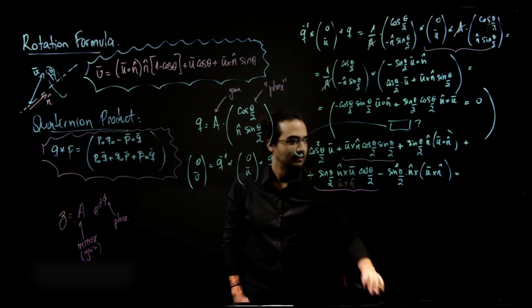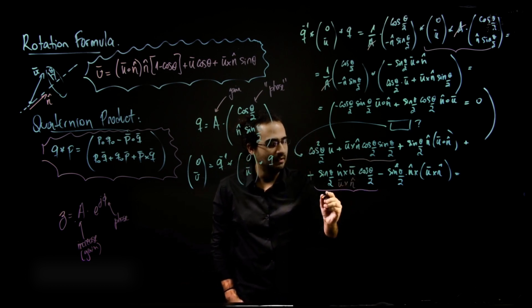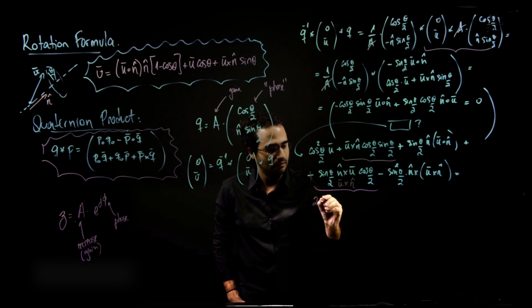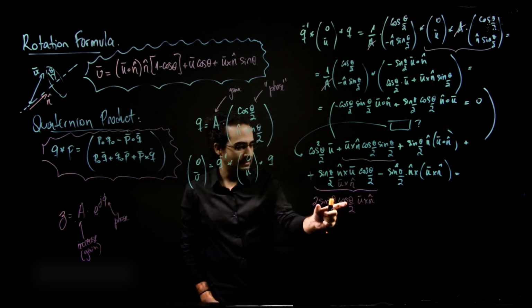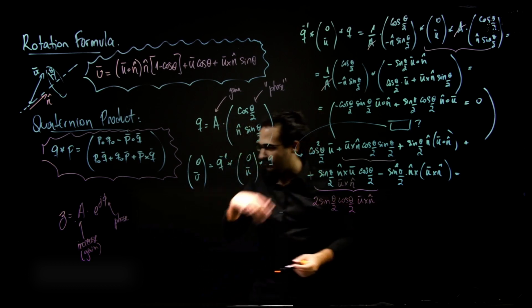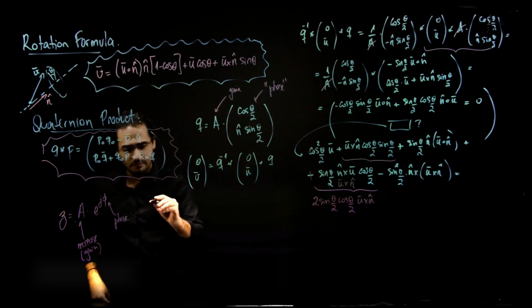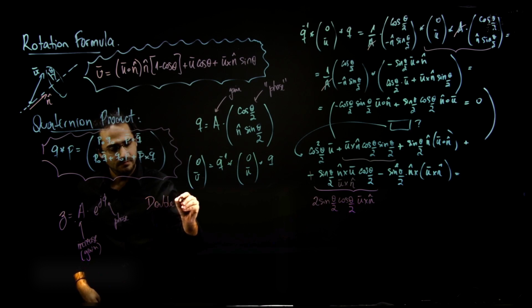And if you do that, those two terms together add up to 2 sine of theta 2 cosine of theta 2 u cross n. And you can see from this, coming back from trigonometry, we have the double arc formulas.